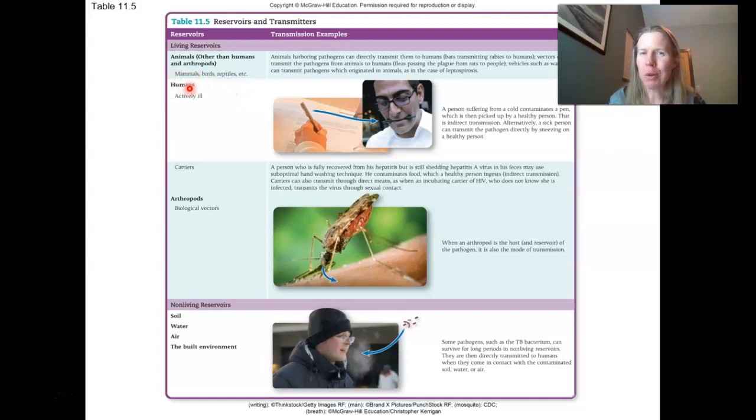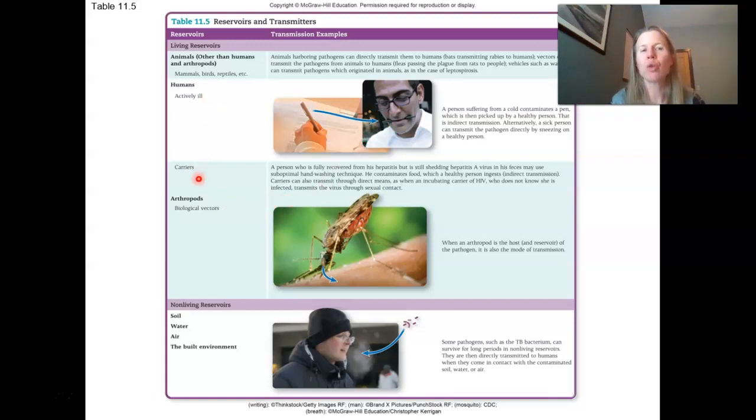Humans can be reservoirs, right? Places where these microbes are hanging out. Someone who is actively ill, and this is a really tough one with COVID-19 because so many people are asymptomatic. They're sick, but they don't have the signs and symptoms to tell them that, right? But chewing on your pen and handing it to someone else to sign a paper, hey, that's how we used to spread the common cold. Maybe this will be a good thing. We don't do that anymore.